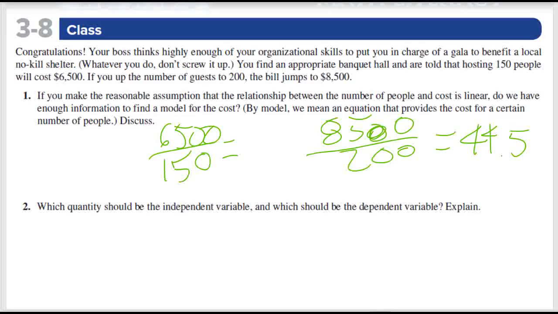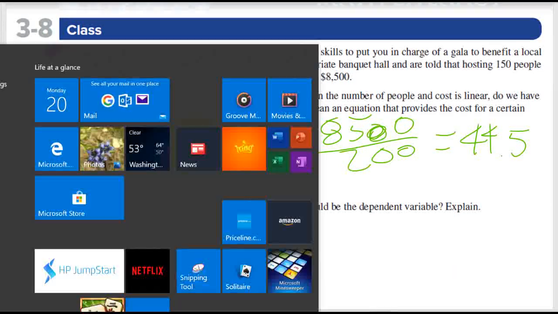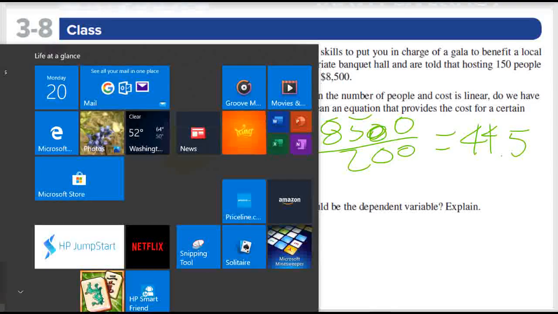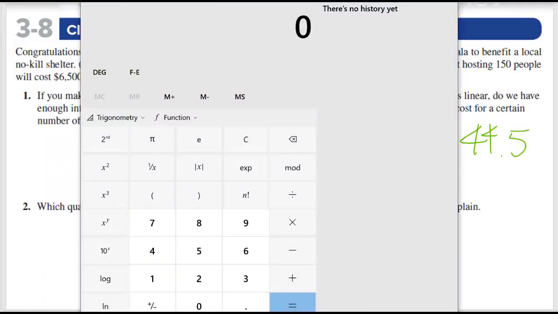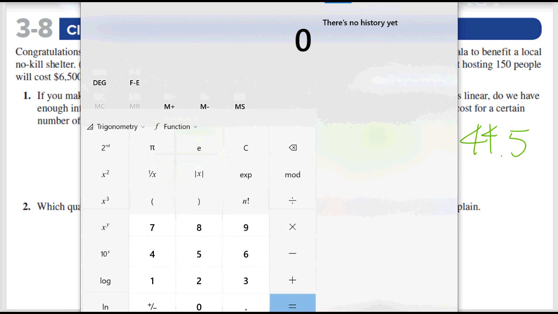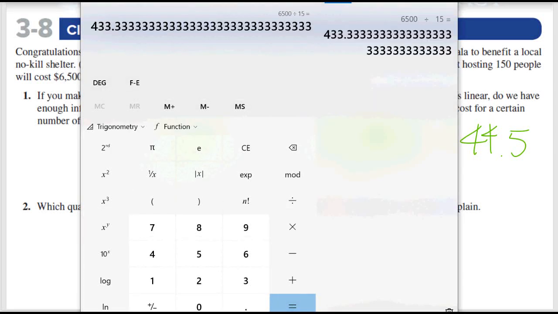So if it's a direct proportion, we should pay the same amount whether we have 150 people or 250 people. We should pay the same amount per person. And I suspect we're not going to.